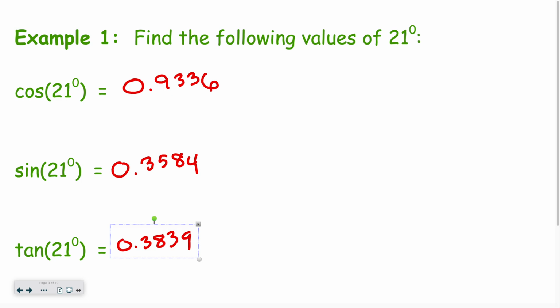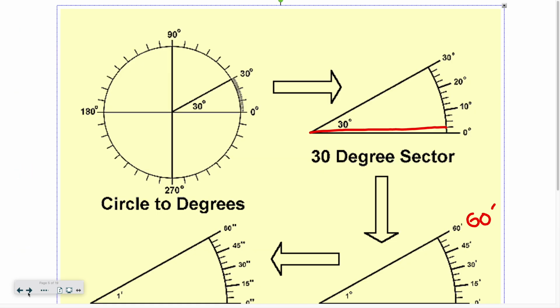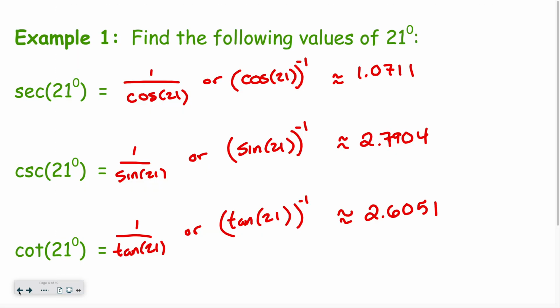It is important that you go to at least 4 decimal places when you're approximating these. And now the reciprocals. You can do this two ways, but for the secant of 21, the only way to calculate it in your calculator is to do 1 divided by the cosine of 21 degrees, or you could do the cosine of 21 and then hit the reciprocal key, that x to the negative 1 or 1 over x key.